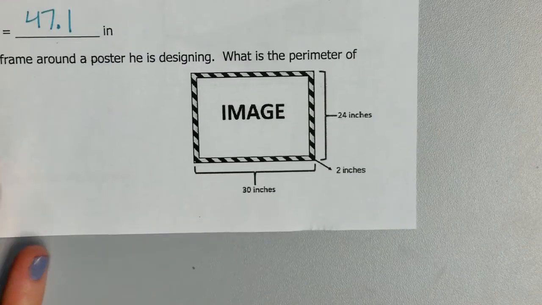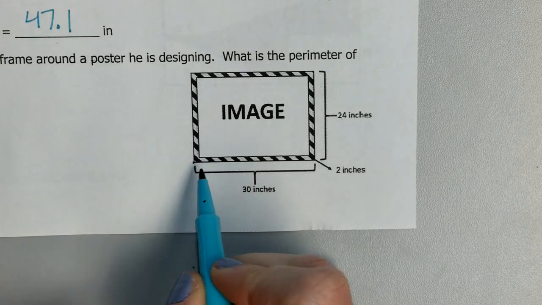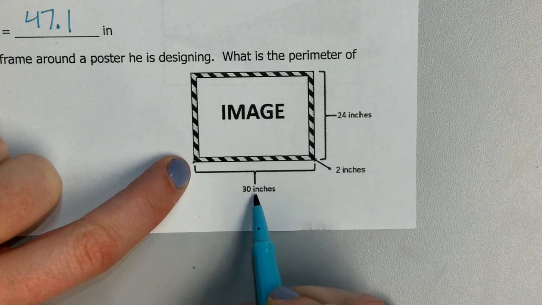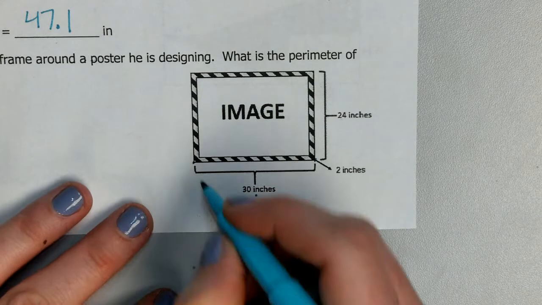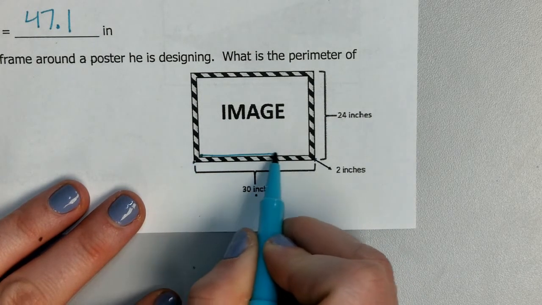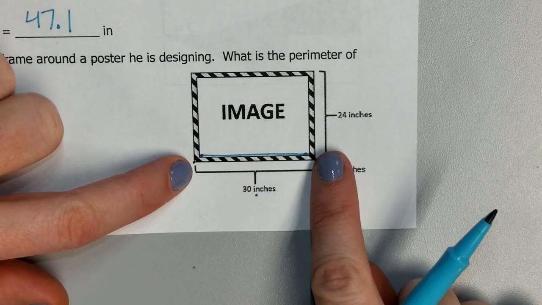If you look at this, from one end of the frame to the other end is 30 inches. And I don't want to find the perimeter of this shape with the frame. I want to find the perimeter of the poster. So from one end to the other of the poster, this is not 30 inches.